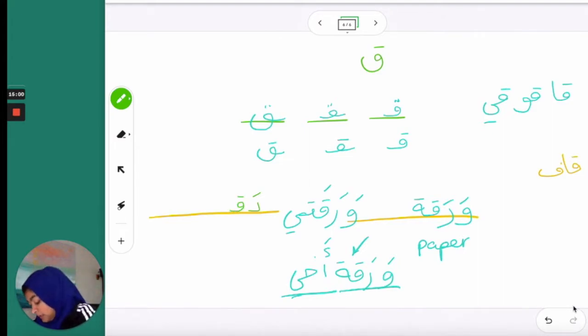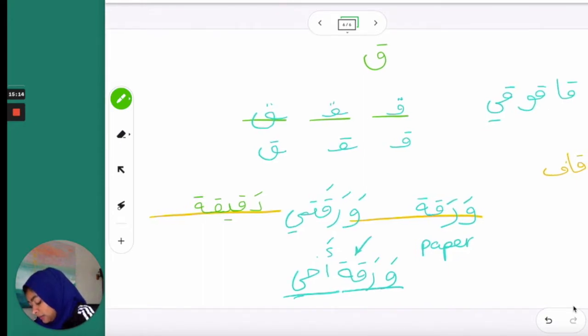Daqi. Yeah, remember, it looks like this in medial. Qa. It's a feminine word, so the last letter has to be ta marbuta. So we're going to put qaf here in medial position, and then we're going to end it with ta marbuta. Daqiqa. Daqiqa means minute.